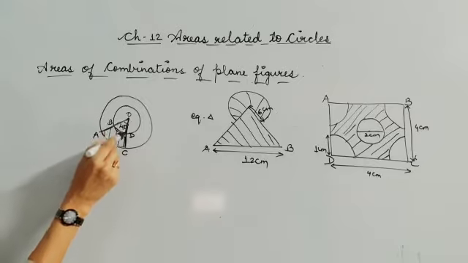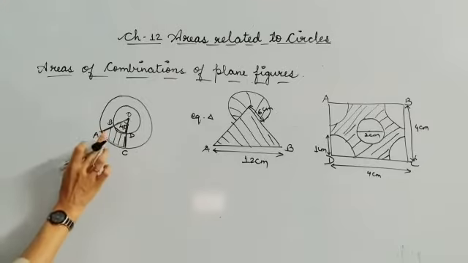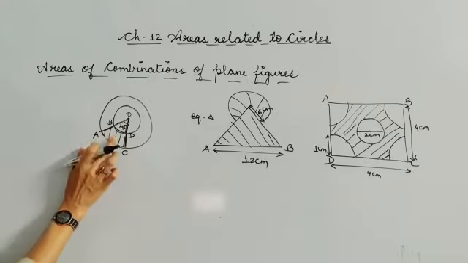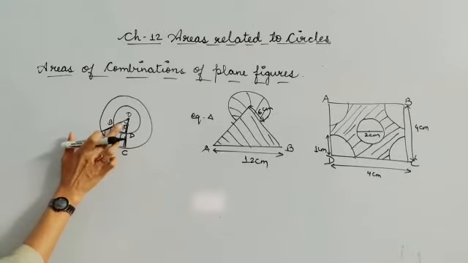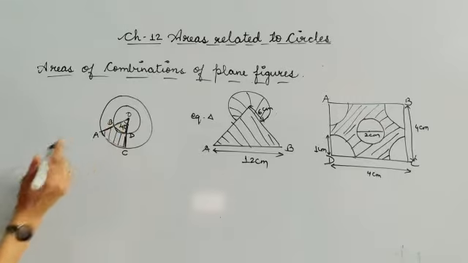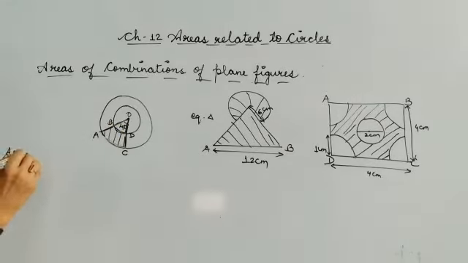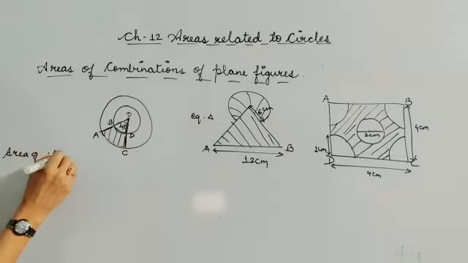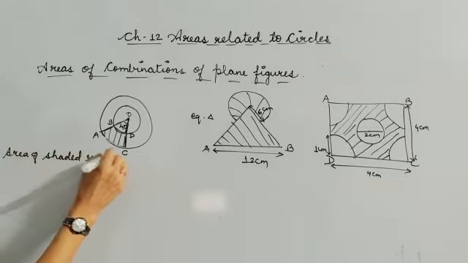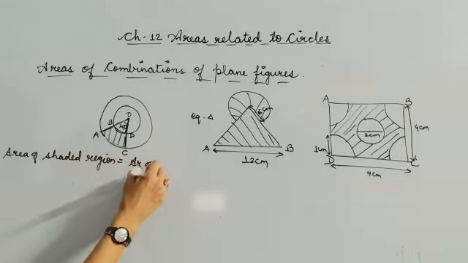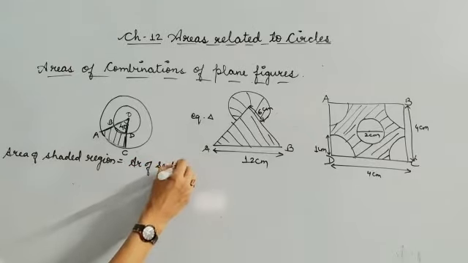So if I want to find out the area of the shaded region, then I have to subtract the area of the bigger sector and the area of the smaller sector. So to find out the area of the shaded region, you will be writing it as area of sector, which sector?